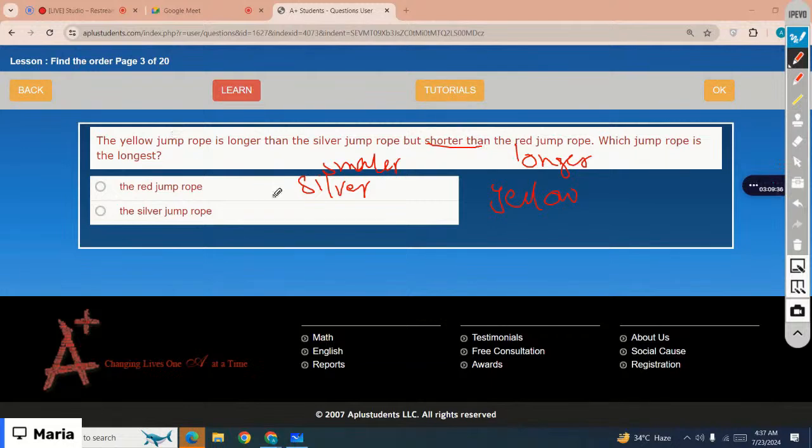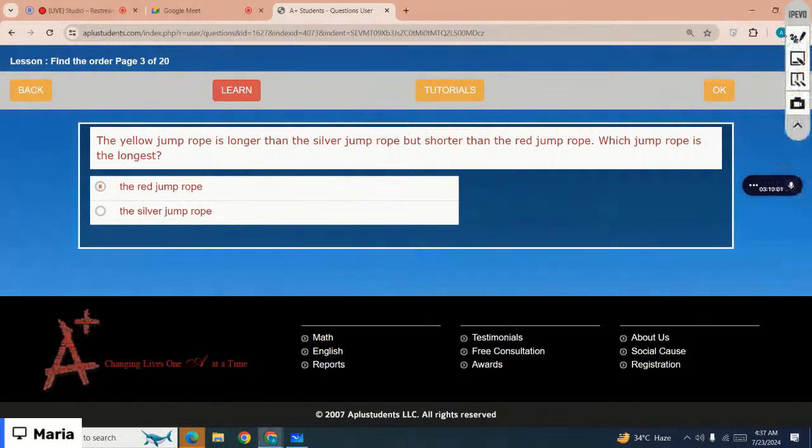That means the order is silver, yellow, and the red. So which is the longest? Yes, option number one. The red jump rope is the longest one. The correct option is red. Very good.